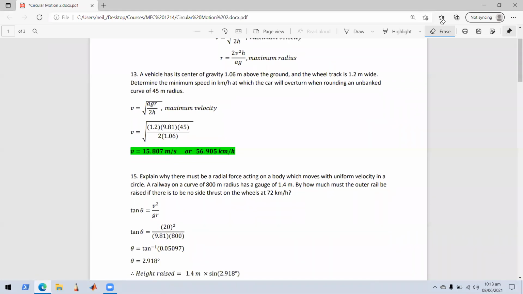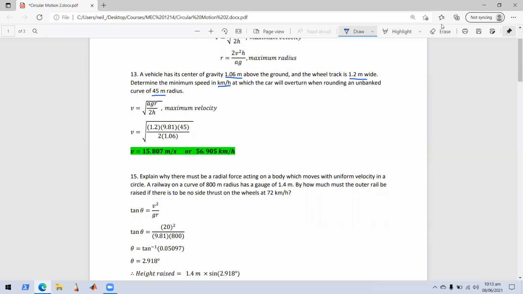All right, good. So 13, a vehicle has a center of gravity of 1.06 meters above the ground, and the wheel track is 1.2 meters wide. Determine the minimum speed in kilometers per hour at which the car will overturn when rounding an unbanked curve of 45 meters in radius.